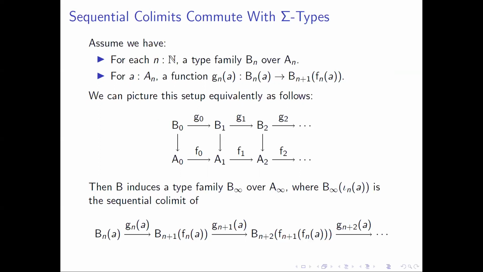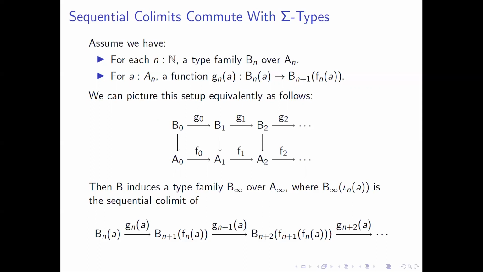Then we can ask for a sequential colimit of this diagram. And in fact, this can be made into a type family over the colimit of the A's, over A infinity. So not over any specific An, but over the whole colimit.